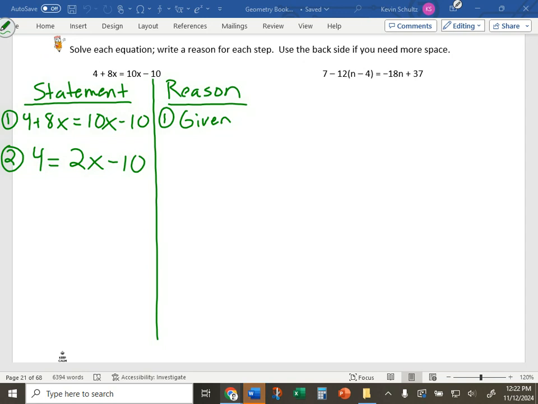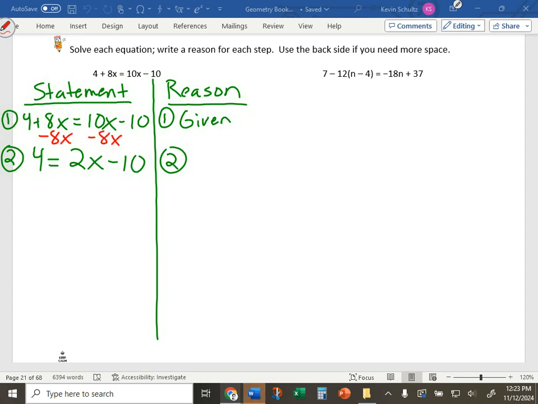Now, what property from up above was used to get to that second step? I left a little space because I'm going to show some extra work here, just because it's your first one. What James did was he subtracted the same thing from both sides, right?